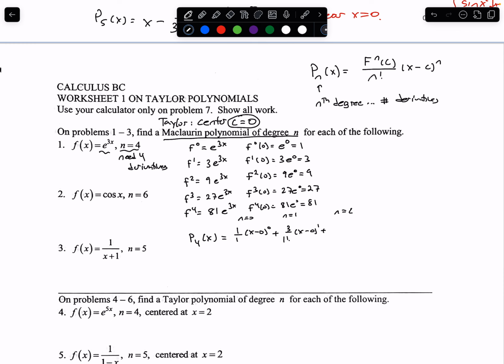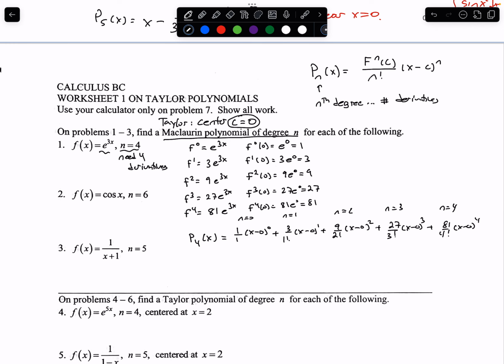When n was 2, we got 9 over 2 factorial, x minus the center, 0 squared. Plus, let n equal 3, and we get 27 over 3 factorial, x minus 0 cubed. And if we let n be 4, we're going to get 81 over 4 factorial, x minus 0 to the 4th.